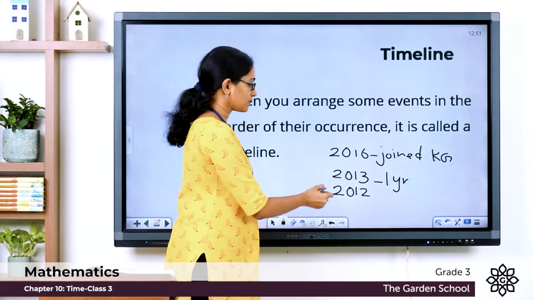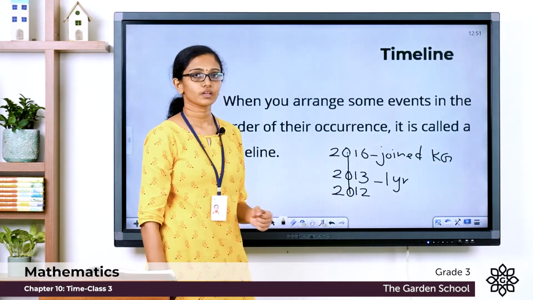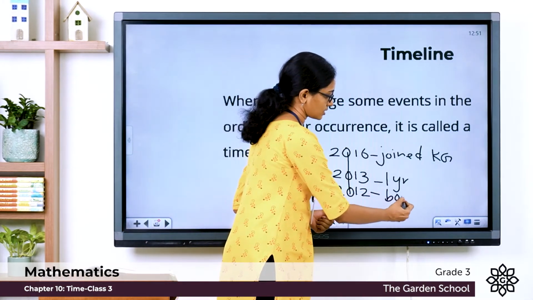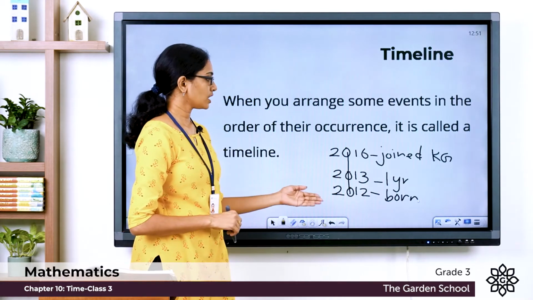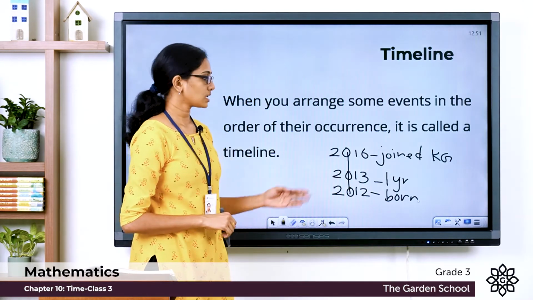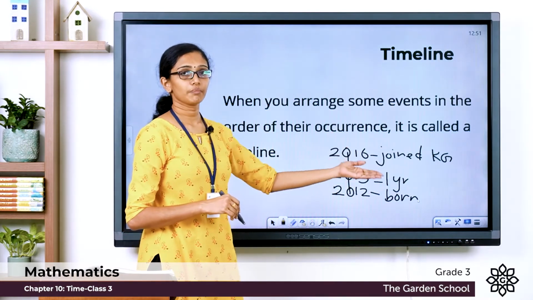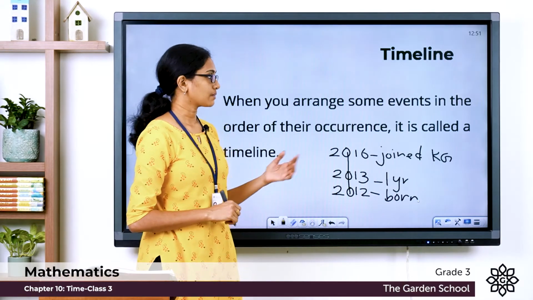So here we have arranged these events on a timeline, on a line. And here it is also written your year of birth. So you have these three events arranged on a timeline with descriptions of what happened in that particular year. This is a very simple example of a timeline.